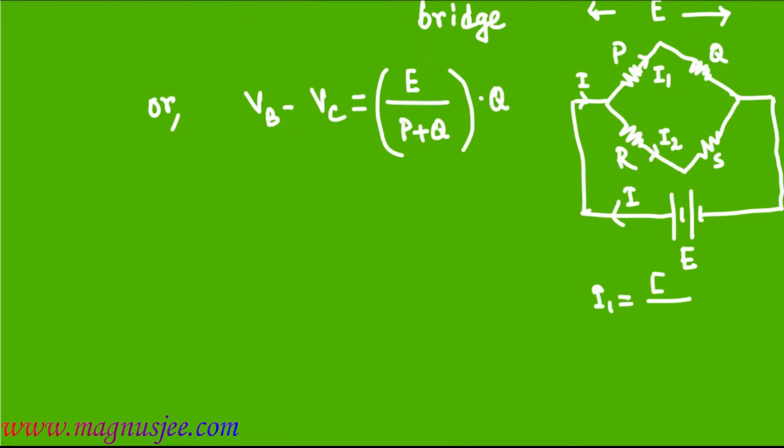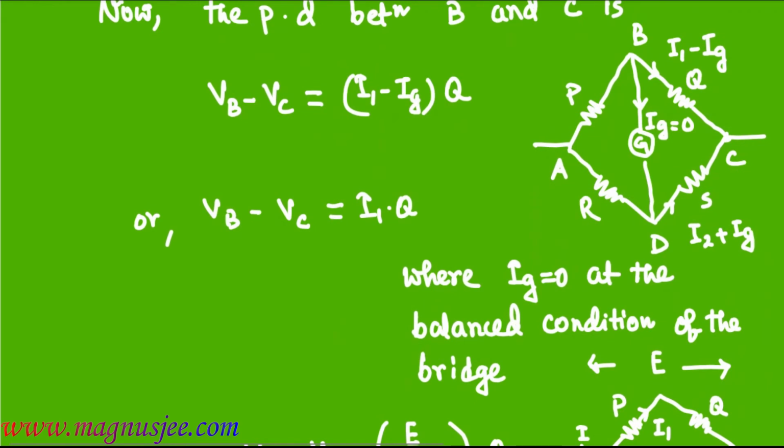Hence, I1 equal E divided by P plus Q, means voltage divided by resistance, and I2 equal E divided by R plus X, not S. It should be X. We can erase that resistance. It should be X in the diagram, and in the diagram again we have to erase the resistances.